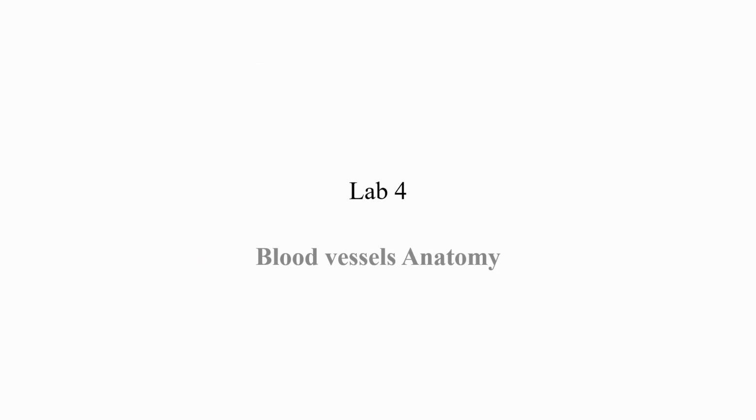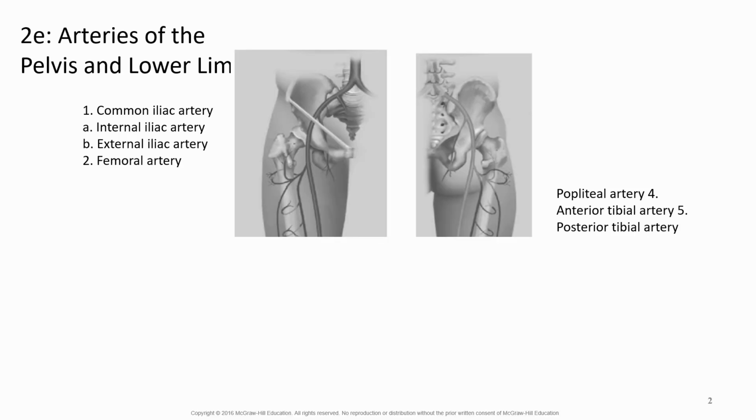All right, so welcome. Here I want to go over the remainder of the vessels. You have the arteries of the lower limb. Your descending aorta becomes the common iliac arteries, which split into left and right common iliac arteries, and those split into the internal and the external iliac arteries.